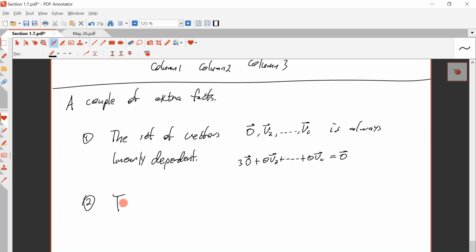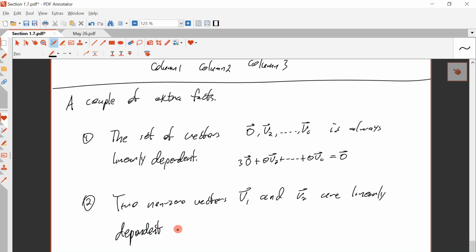Two non-zero vectors, v1 and v2, are linearly dependent if and only if v1 is equal to k v2 for some k.